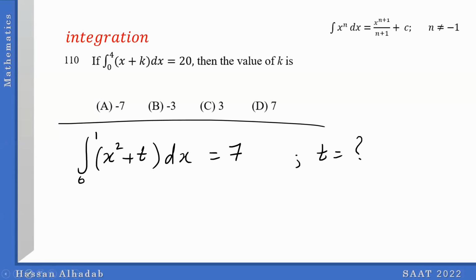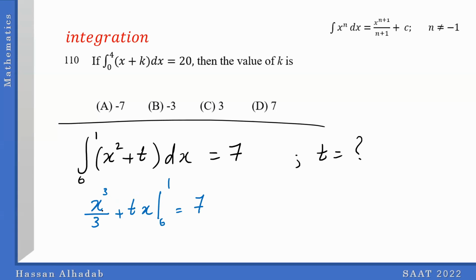The idea for this one is, you integrate this to get x to the third over 3 plus tx from 0 to 1, equal to 7. Now, some students plug in values for k and integrate, instead of integrating and solving.